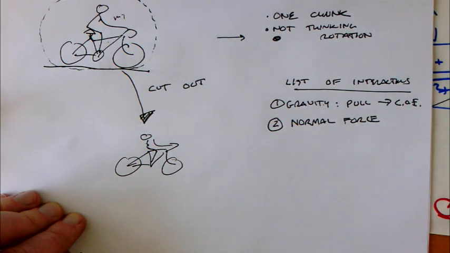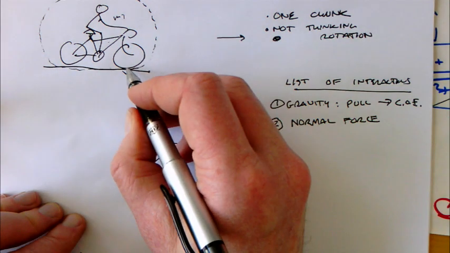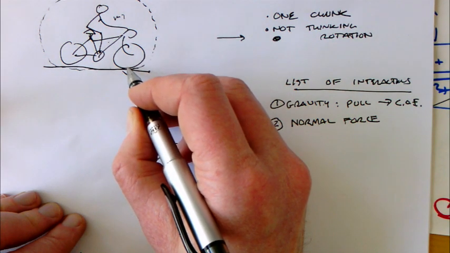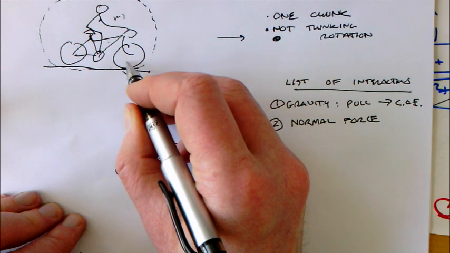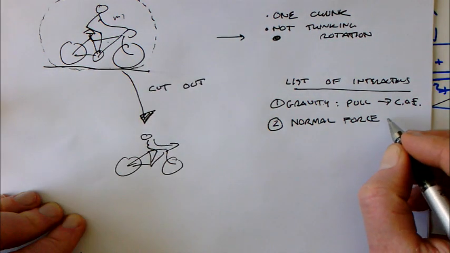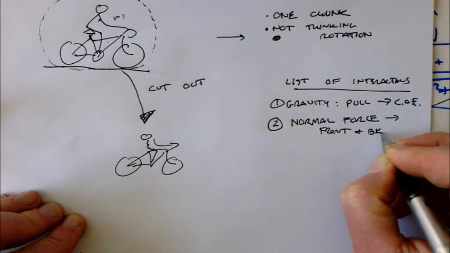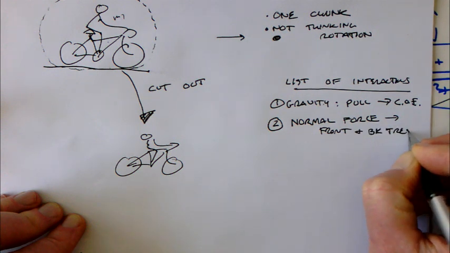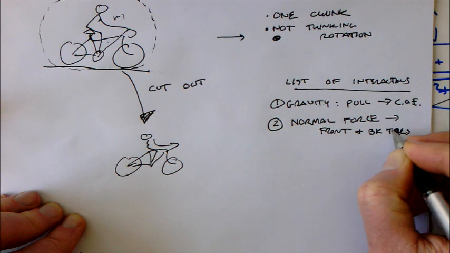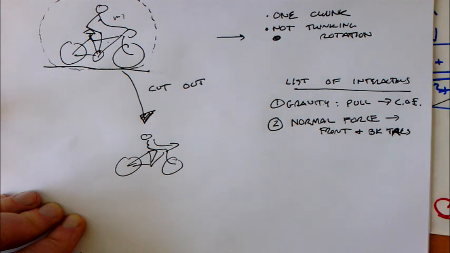And there's actually going to be a normal force at a couple of locations. The ground will be pushing up on the front tire, and pushing up on the back tire. So at the front and back tires, there will be a normal force exerted by the ground on those tires.